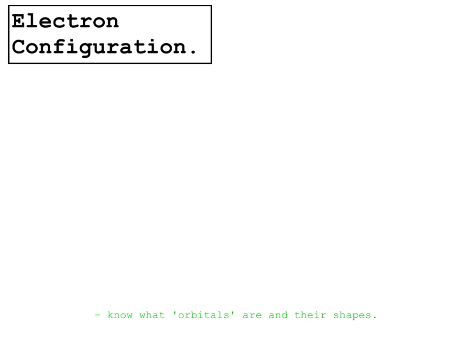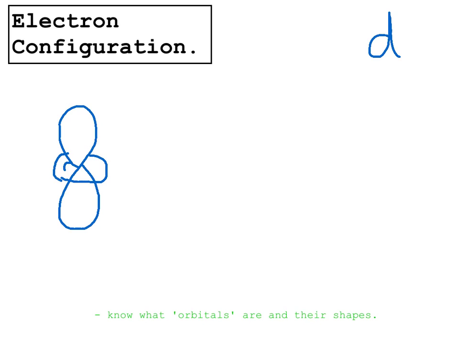The last one that you need to know is the d orbital set. Now, I said you only need to know 3 shapes, but actually there are 2 different shapes for d orbitals, one looking particularly different from the rest. There are 5 different d orbitals, one that looks like this, a dumbbell with a ring around the outside, like so.